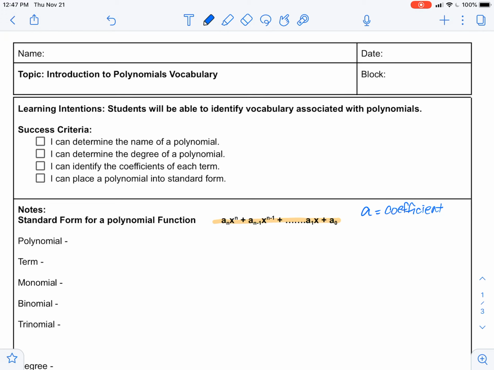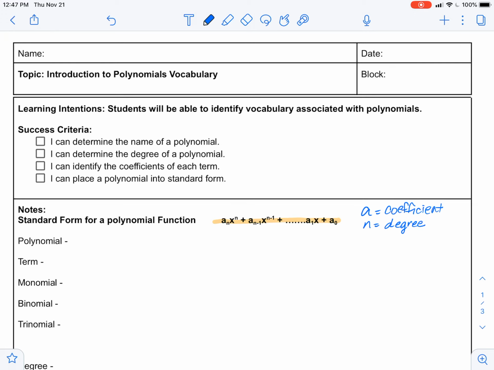And the n that we're going to be referring to is the degree. In fact, your n is your highest degree, then n minus 1 would be the next, and so forth. I'll give you some examples of what this looks like with actual numbers in just a minute.